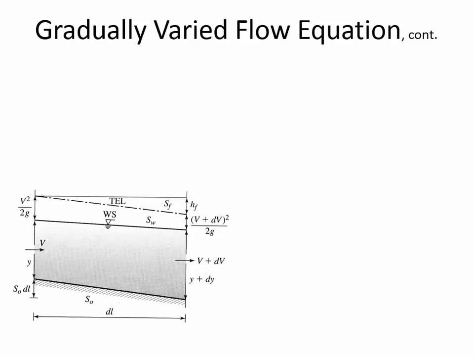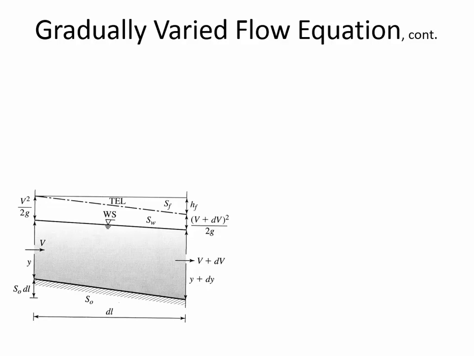And today, the equation that we're looking at tells us how the water surface slope is changing relative to the bed. And so whether the water is getting deeper or shallower depends on whether or not S naught and S sub w are parallel.